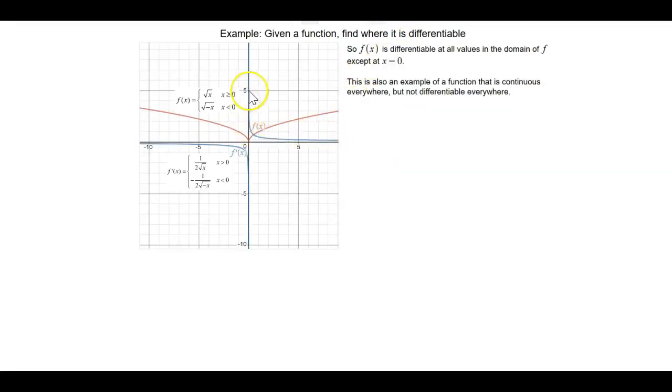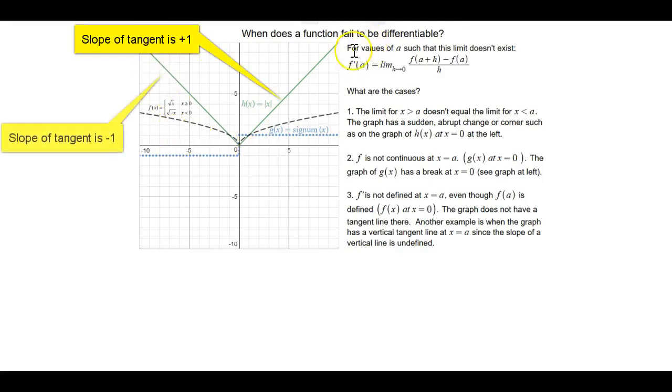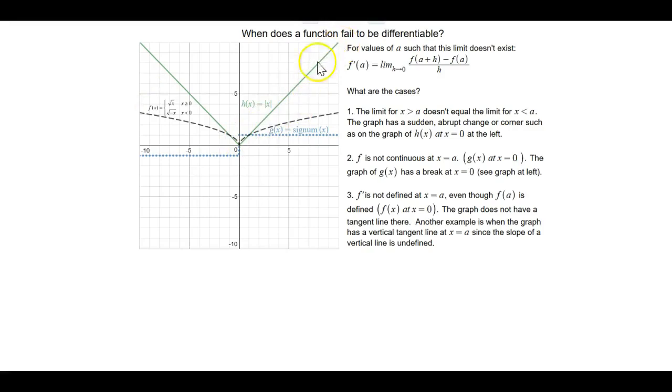So this blue graph is actually the graph of this function's derivative, and you can see that it's not differentiable there. So here's a good example of one of the 3 big cases where a function is going to fail to be differentiable. Like the absolute value function, the slope of the tangent on this part is positive 1 for all the points on this part.